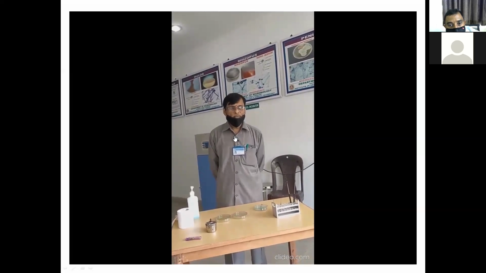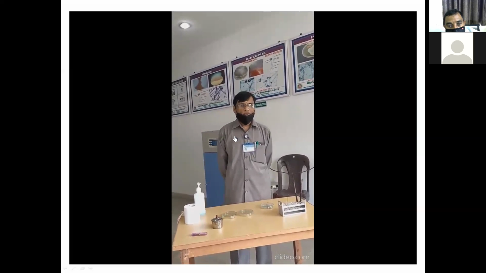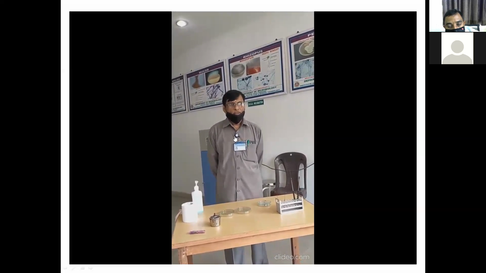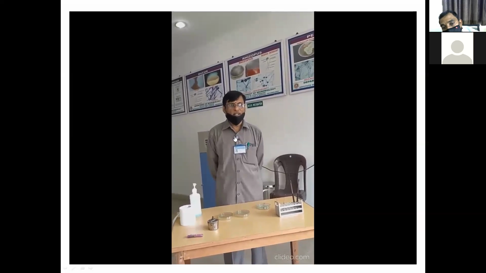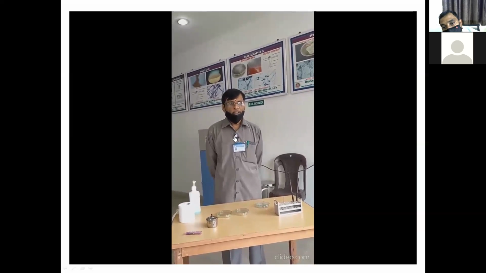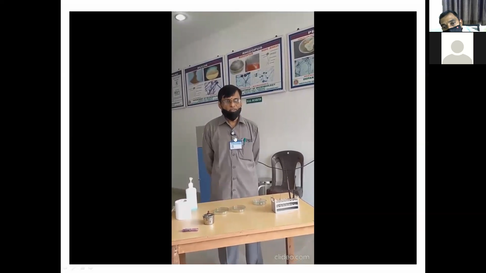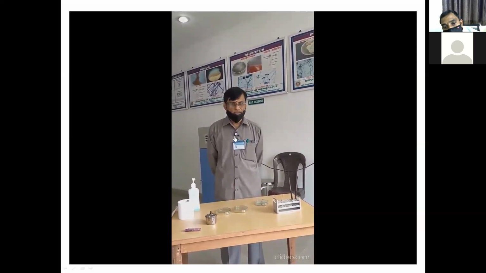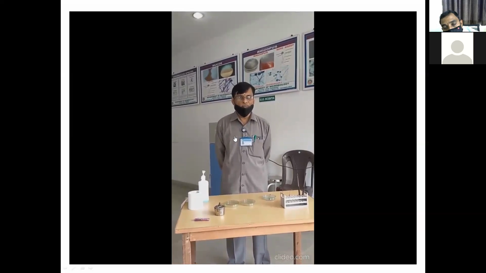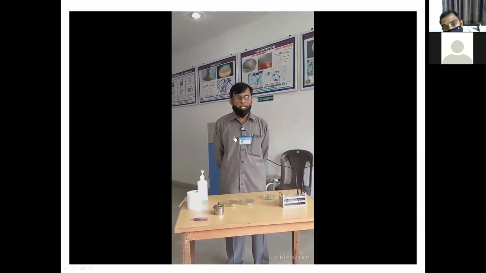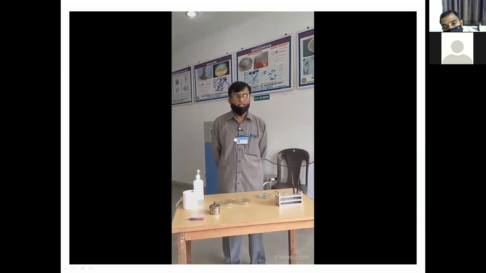Suppose some specimen came to the laboratory, you will isolate the fungi and see the morphology under the microscope by the teasing technique, which spoils all of the morphology, so it is very difficult to identify the fungi based on its morphology. To keep the morphology intact, we have to do this slide culture technique.